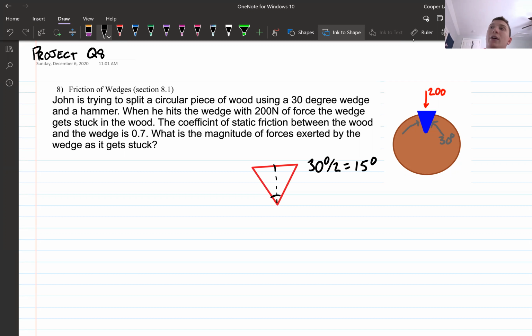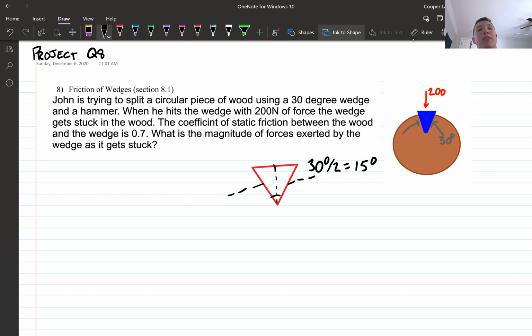So now that we have those, we can start working on the rest of this. We can draw in our horizontal lines coming in, of where the wood will end up getting stuck into the wedge. However, it is not there yet.